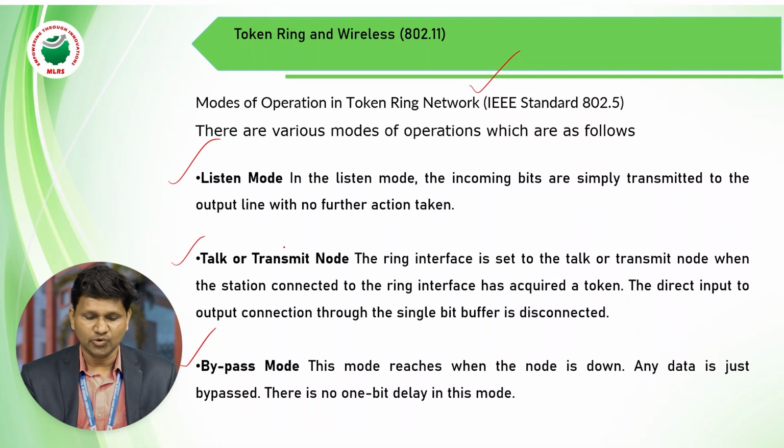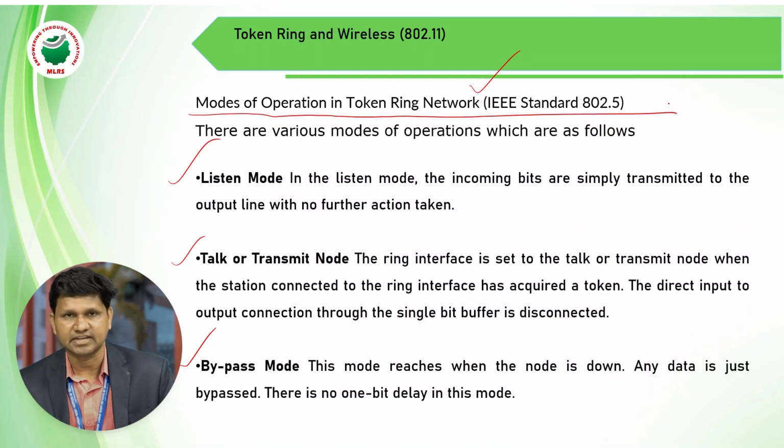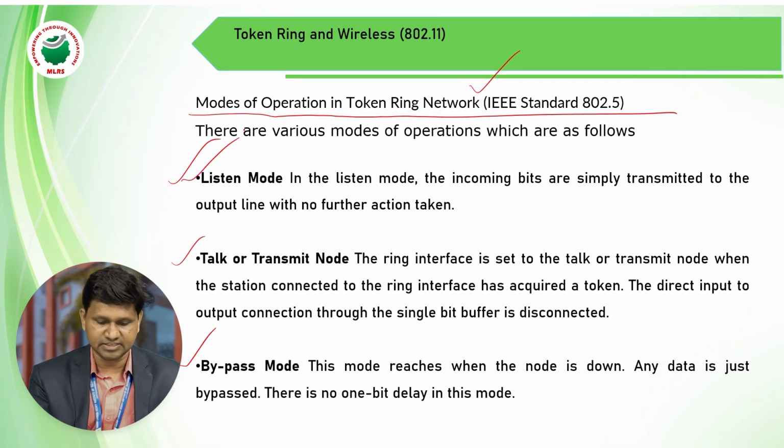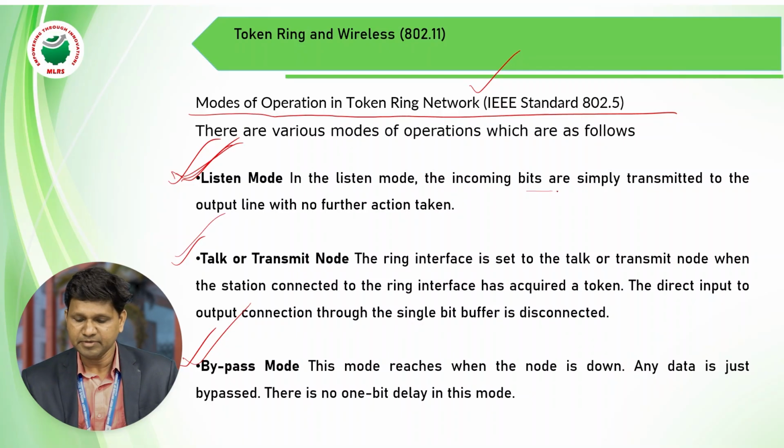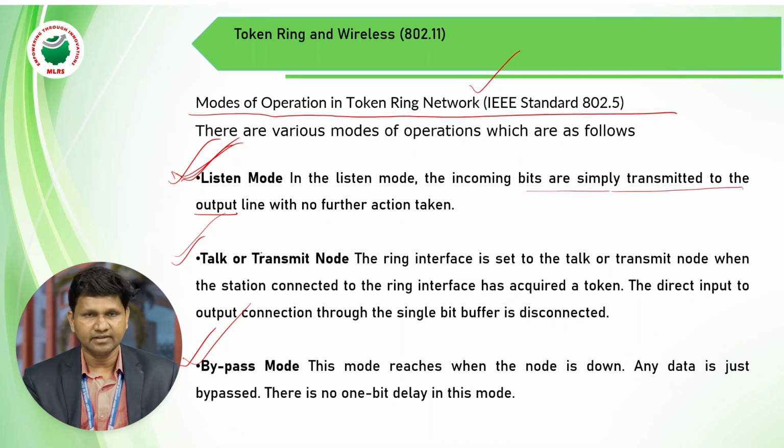Now, the modes of operation in a token ring network, which is IEEE standard 802.5: listening mode, talk or transmit mode, and bypass mode. In the listen mode, the incoming bits are simply transmitted to the output line with no further action taken.